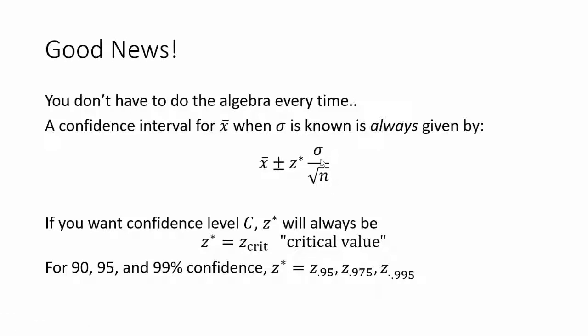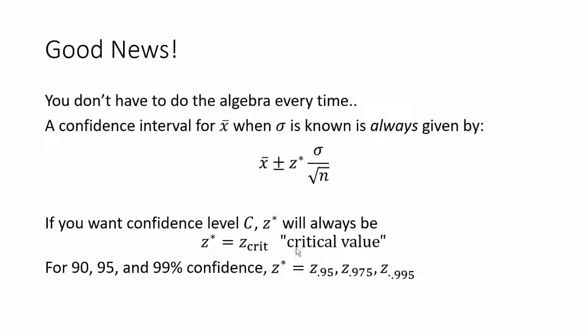Now, we also found out that these z star, or some people call them the ZCs, the Z critical values, are so common that we actually have a little bit of a small table at the bottom of our big table, so we can look those up directly. We don't have to work very hard to get those.